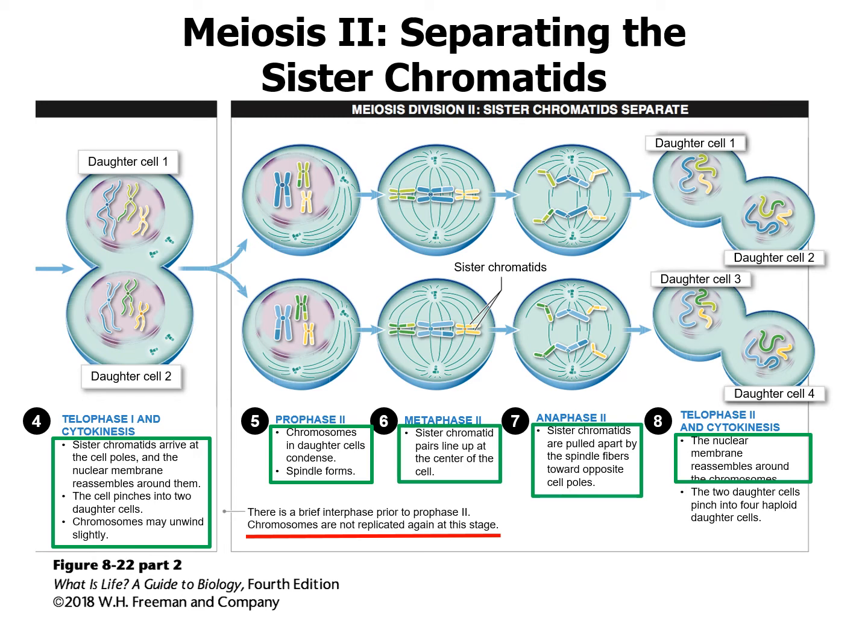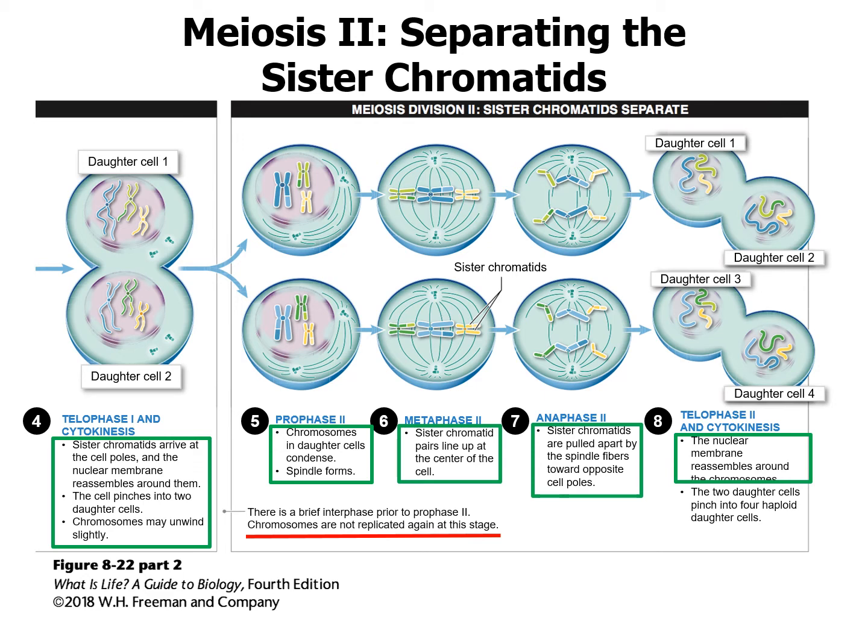So we have telophase and cytokinesis occurring to form our daughter cell 1 and daughter cell 2, but we want to go further than that. So we're going to enter into prophase 2, where the chromosomes in our daughter cells condense and spindle fibers form. This is the same as with mitosis.